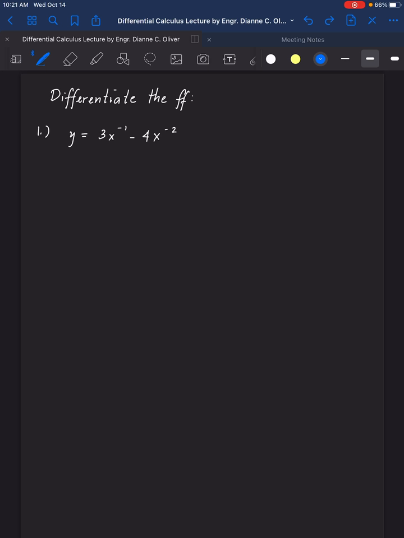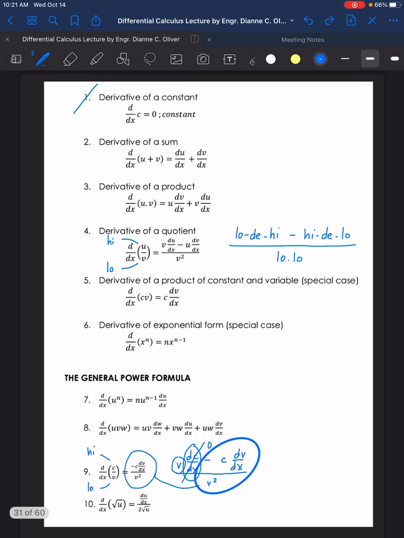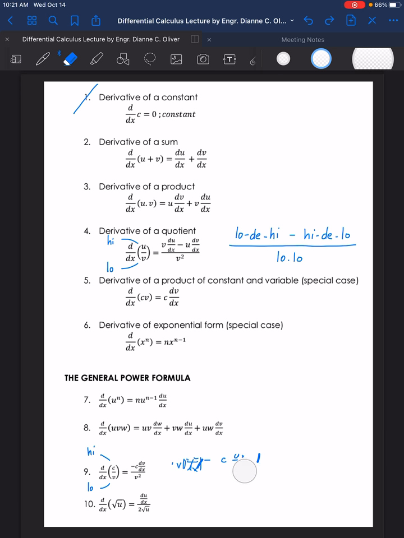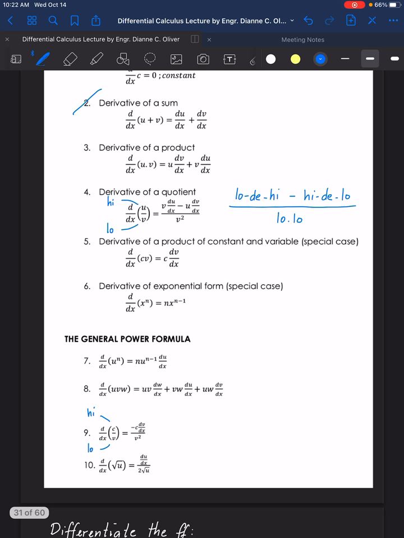So which pattern applies to this example? We are going to use here the derivative of a sum and the derivative of the powers. Okay, the power formula.